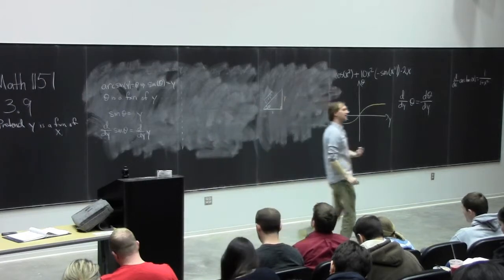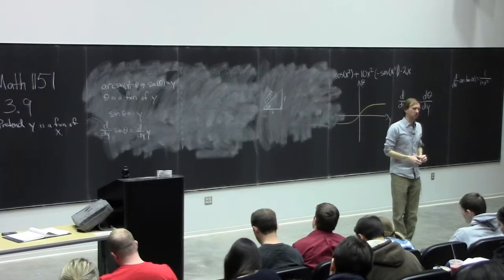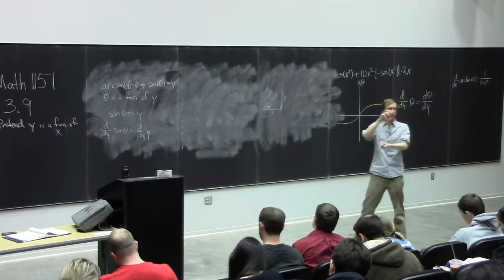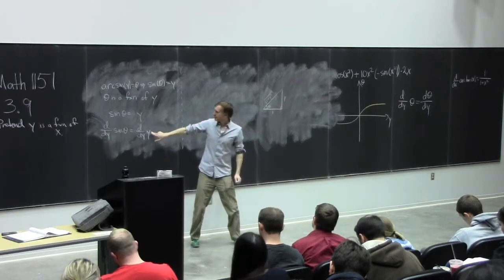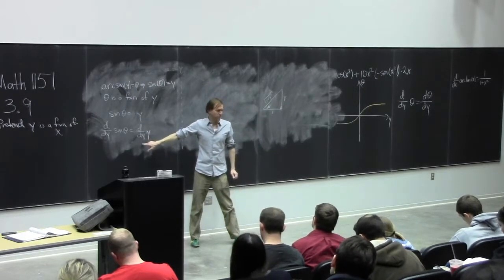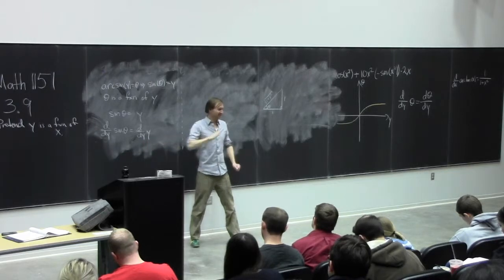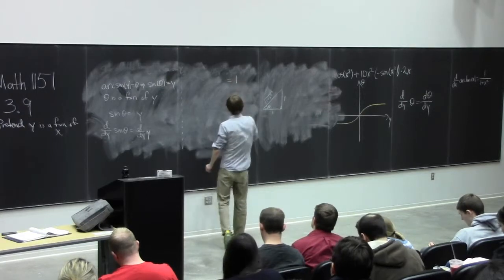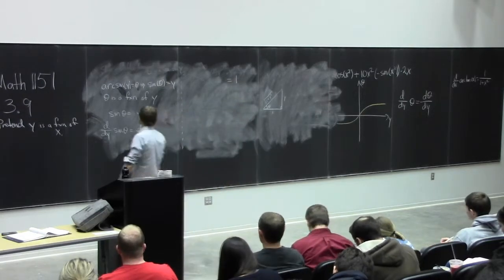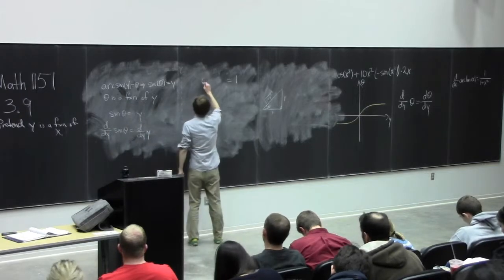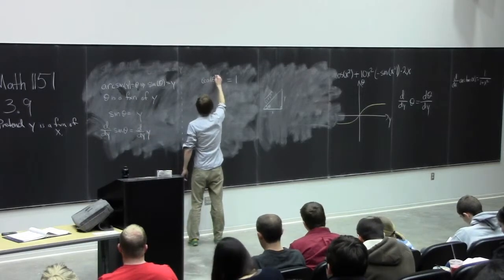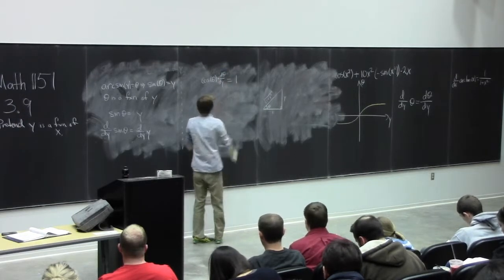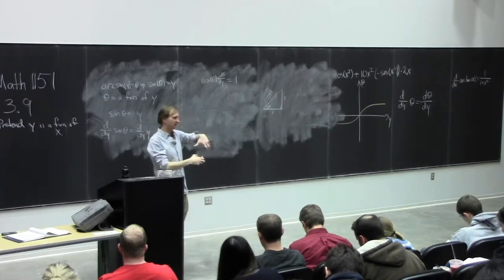Remember, the derivative is asking how much does this variable change with respect to another variable. As y changes, y changes the same amount, right? So this is going to equal 1. And for sine theta, the derivative of sine is cosine, so cosine theta times d theta dy, the amount that theta changes with y.